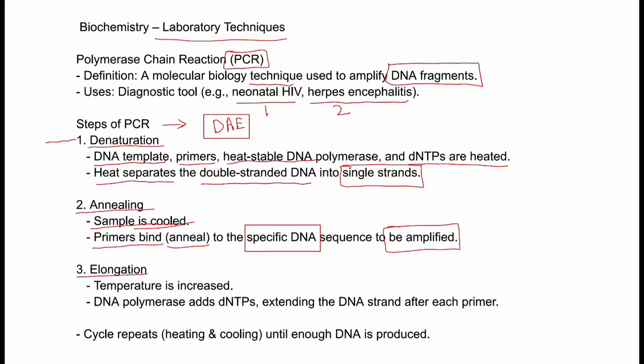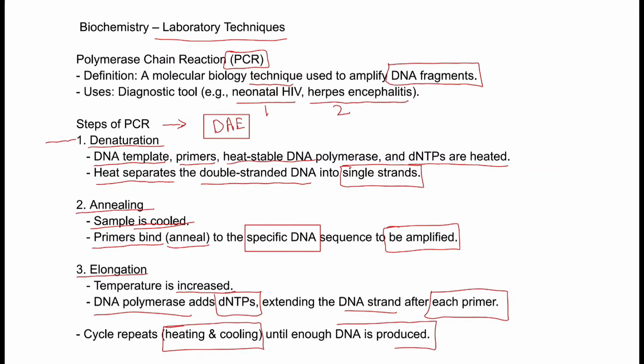Elongation: temperature is increased again. During the elongation process, DNA polymerase adds dNTPs, extending the DNA strand after each primer. This cycle repeats, heating and cooling, until enough DNA is produced.